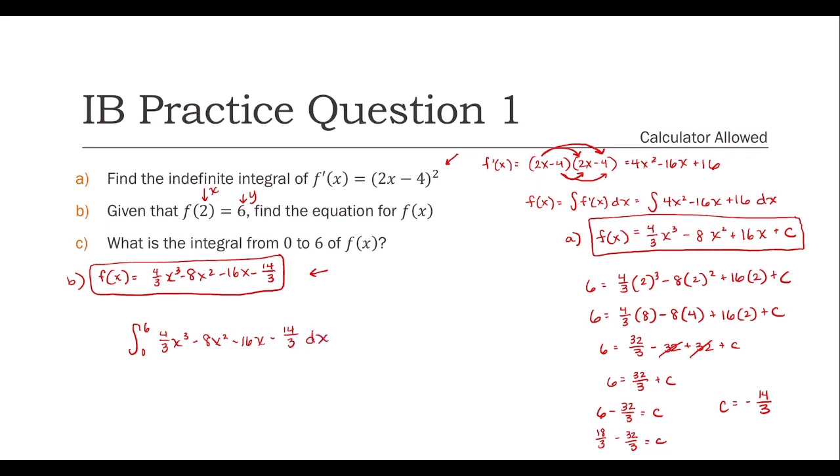So you need to make sure to write this out before entering it into your calculator on the test, because that's how you'll get full marks. So then you can go ahead and enter this into your calculator and get that it equals negative 460. So your answer to part C is negative 460.